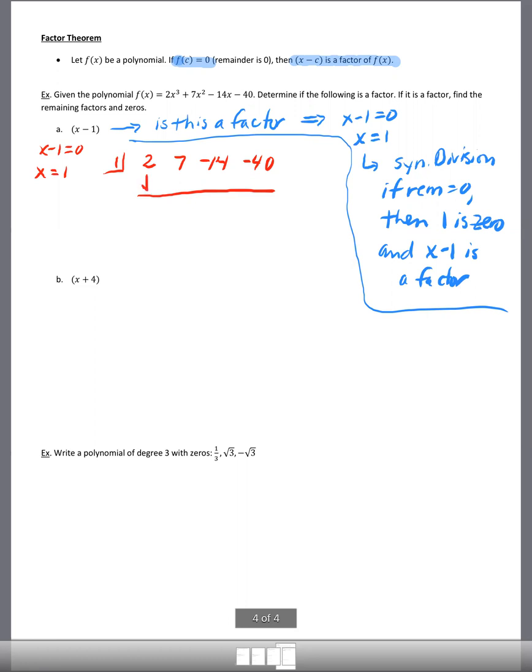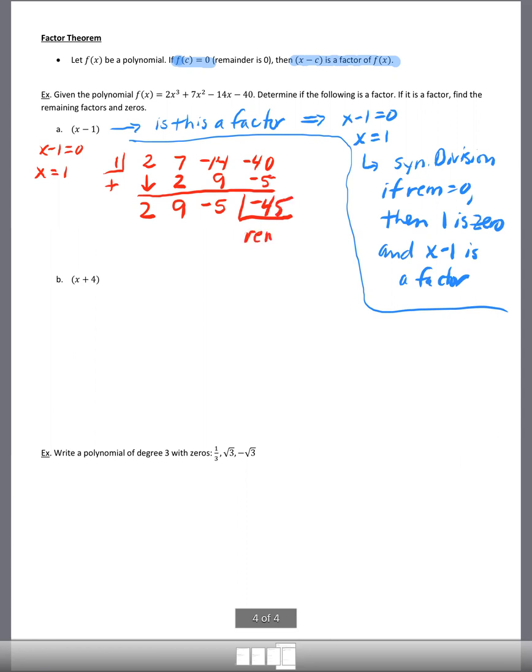Remember, in synthetic, we bring down our first term, multiply 1 times 2 to fill in the next column. Make sure you add those entries in the column. Now, 1 times 9 is 9. That adds up to be negative 5. 1 times negative 5 is negative 5. This last number here is what we call the remainder.